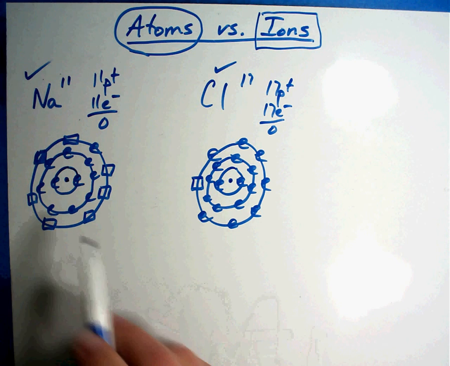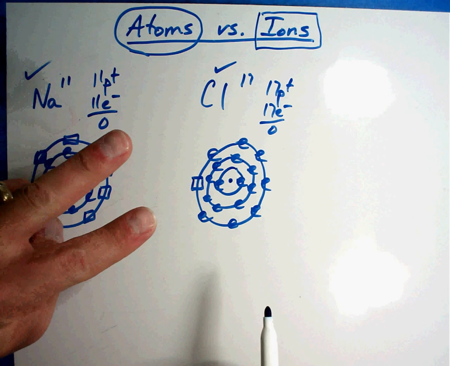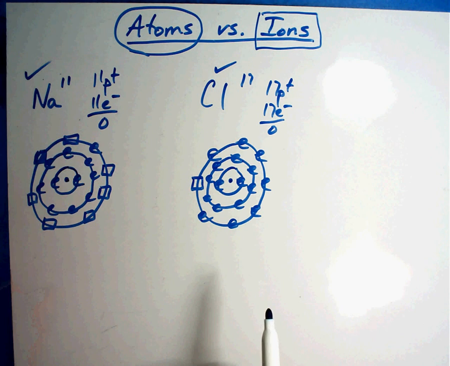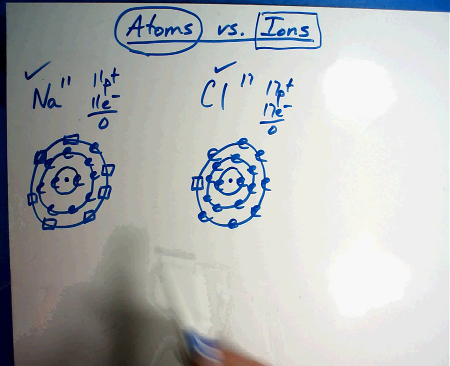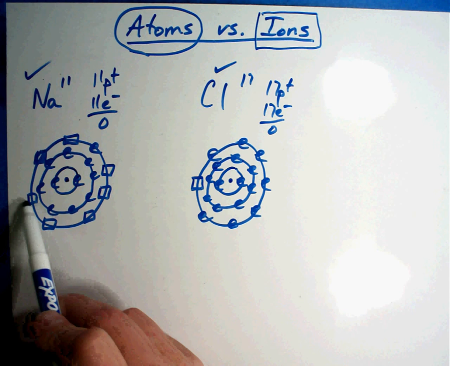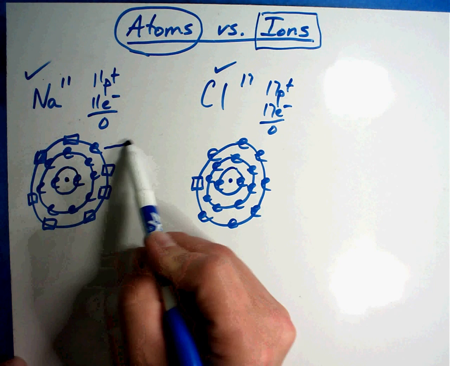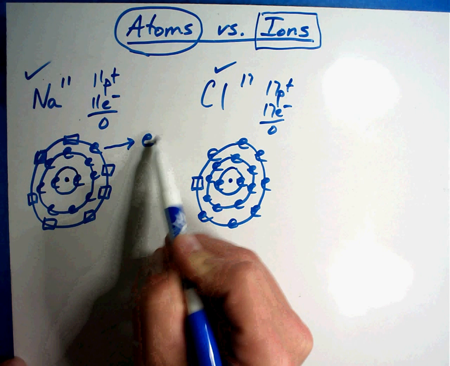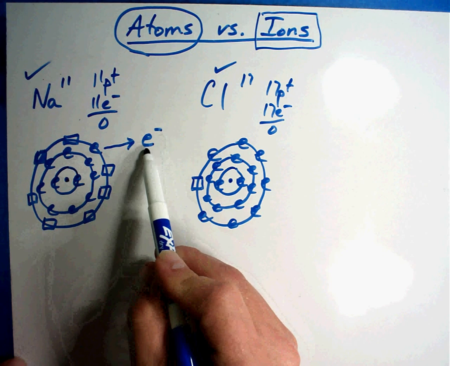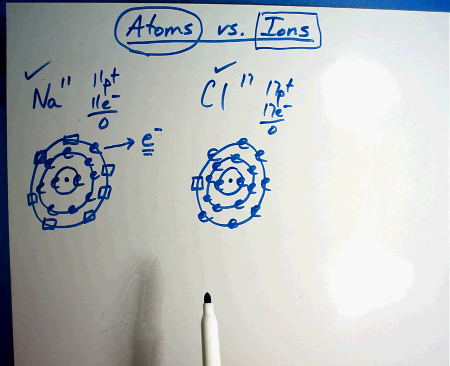Well, let's go back to sodium. Here's what happens. There's 2 choices every time. Choice number 1: he could gain 7 electrons, and he would be full. Or, let's say he threw away 1 electron. Now, I'm going to let that electron freeze right there. How do I know what to do?